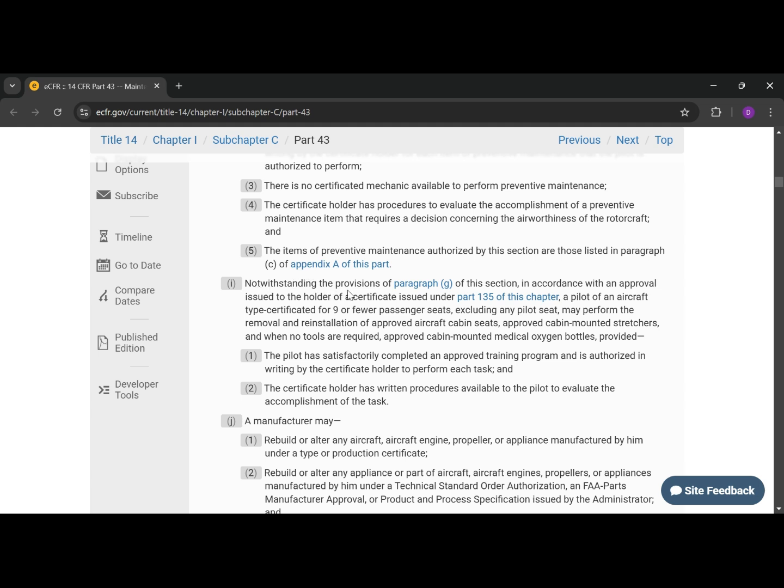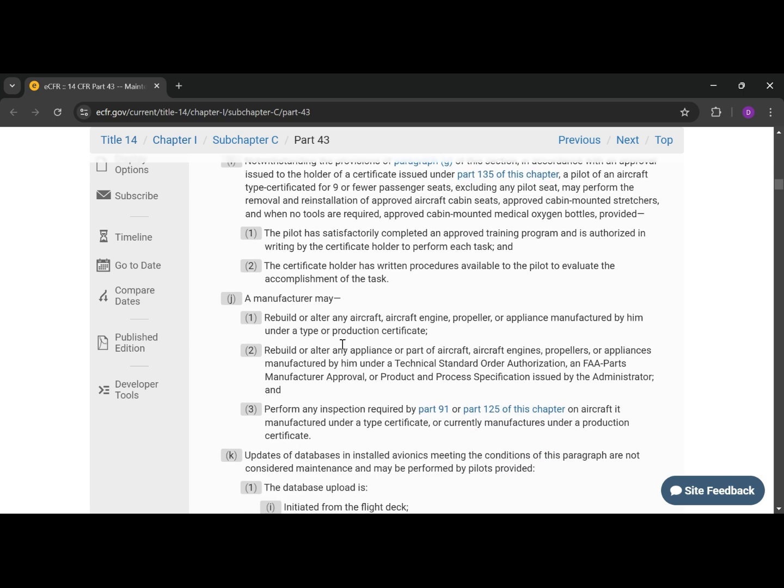Notwithstanding the provisions of paragraph G of this section, in accordance with an approval issued to the holder of a certificate issued under Part 135 of this chapter, a pilot of an aircraft type certificated for 9 or fewer passenger seats, excluding any pilot seat, may perform the removal and reinstallation of approved aircraft cabin seats, approved cabin-mounted stretchers, and when no tools are required, approved cabin-mounted medical oxygen bottles provided.